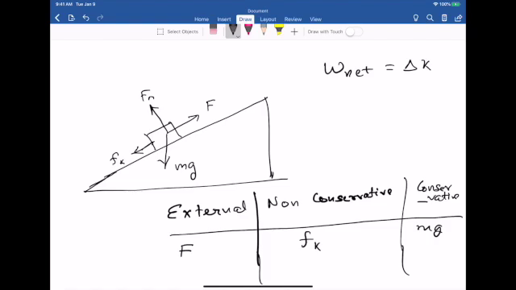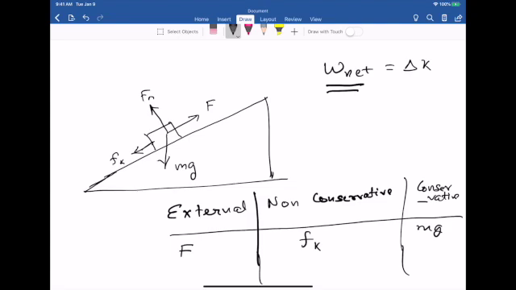What about Fn? Why do you think I didn't take Fn into account? The answer is because Fn does not do any work over here. The reason that we are considering the forces now is because we want to plug them into the net work part of the work kinetic energy theorem. So we are only concerned with the forces that do work.